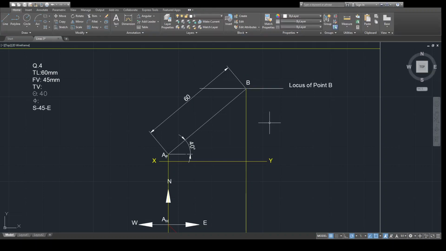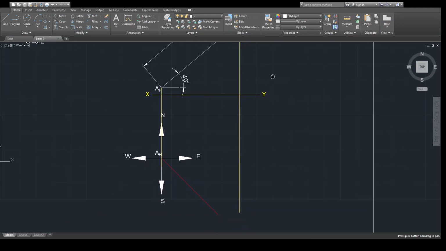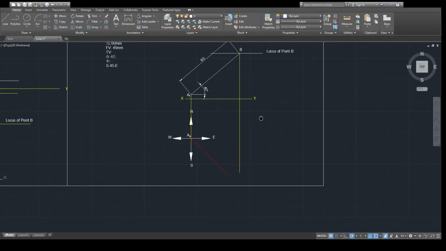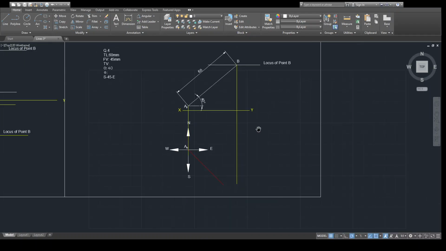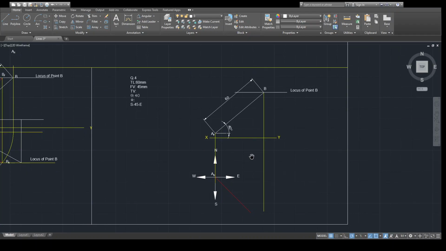So AFB is the true length and its angle is 40 degrees. So the locus of point B is known in the case of front view. In the case of front view, we have drawn the bearing line. It is red in color. S45E means south to east 45 degrees. But we don't know the locus of point B in the case of top view. So that's why we cannot locate point BH.